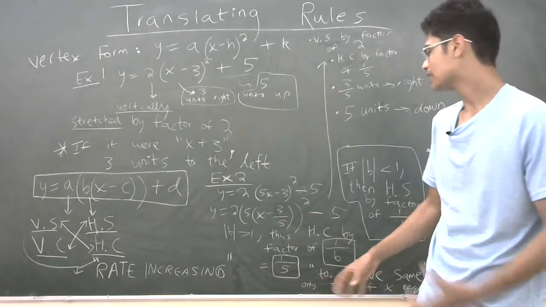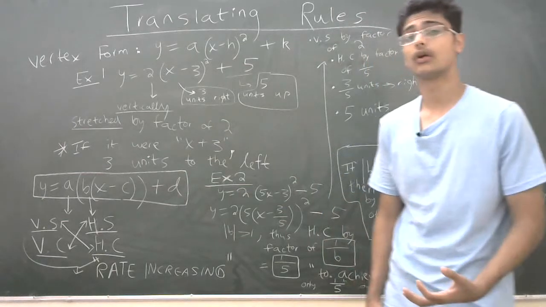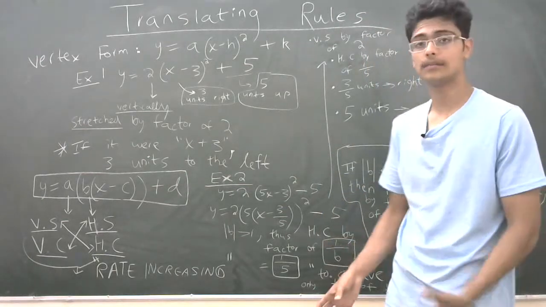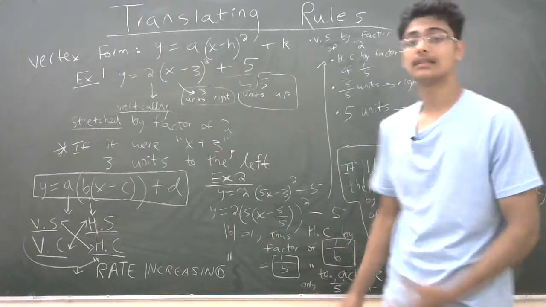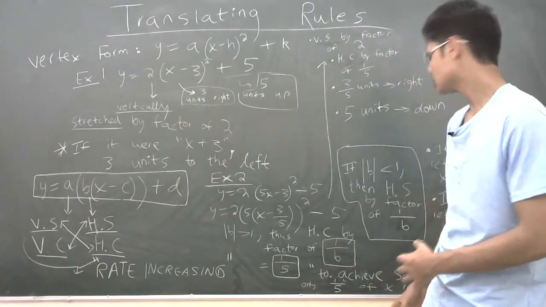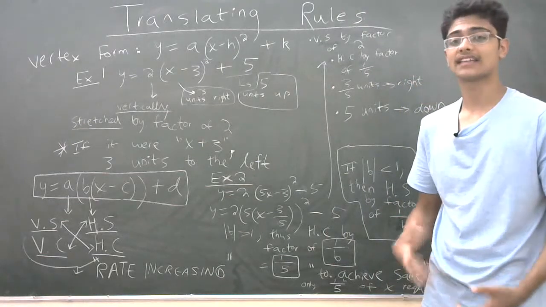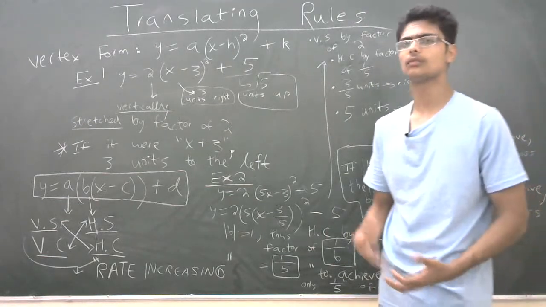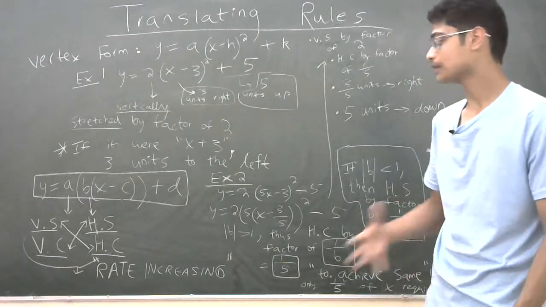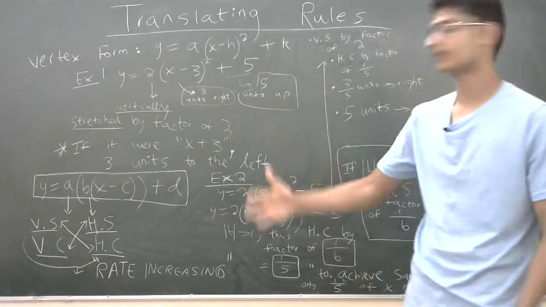So if b is greater than 1, this means that there's a horizontal compression going on by a factor of 1 over b. So in this case, that would mean 1 over 5. And really what this means is that to achieve the same y value, only 1/5 of the x is required, which means that the rate at which the function is increasing has increased even more.